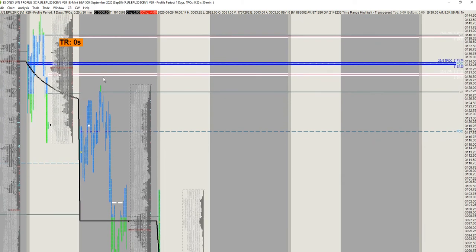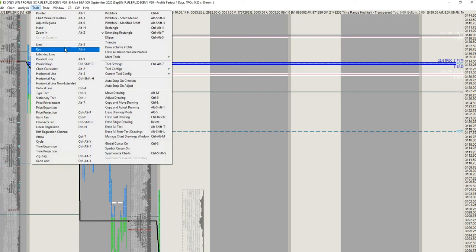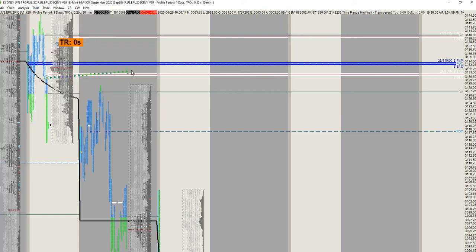overnight comes in, and if you look at the M probe we had here, you can just do a line here. Okay, let's just do it like that. This is the M period.